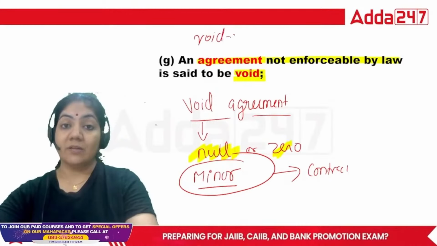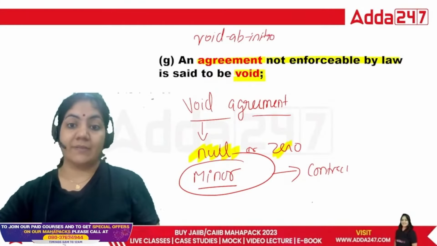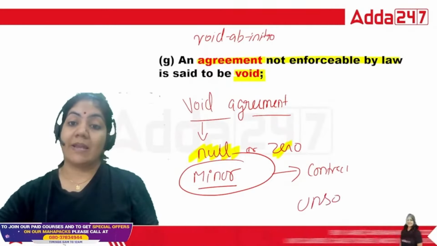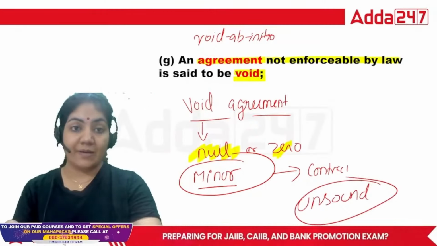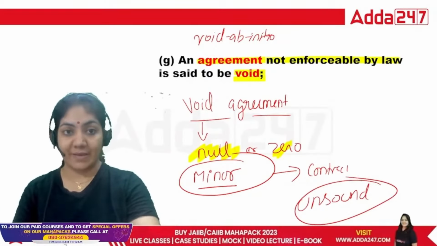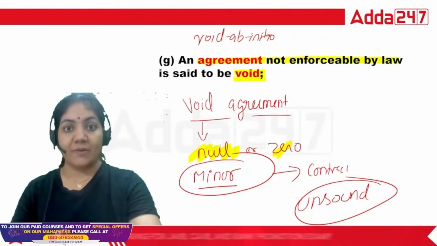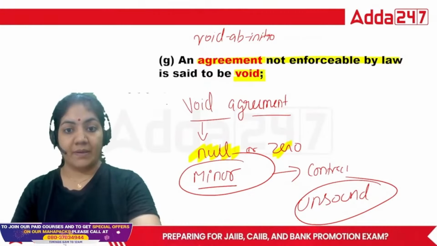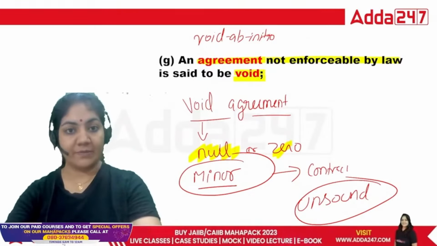So a minor is the best example. Suppose a person of unsound mind is making an agreement. That agreement is also void ab initio. That is the best example to understand. Is that okay? Done, guys? So this is your particular void agreement.